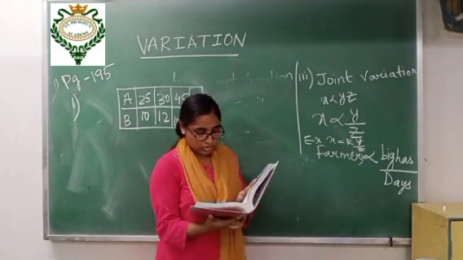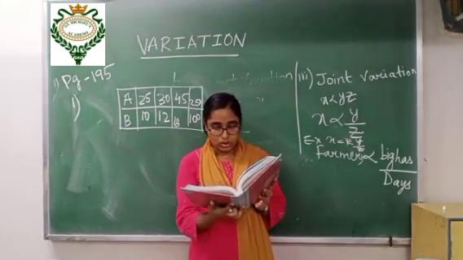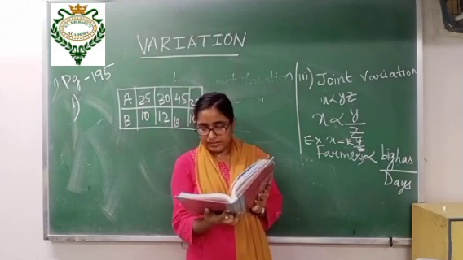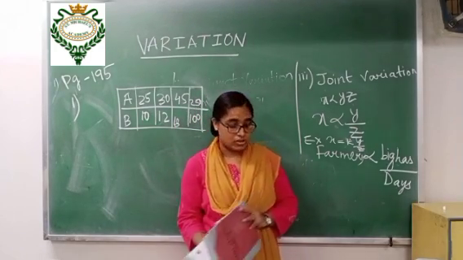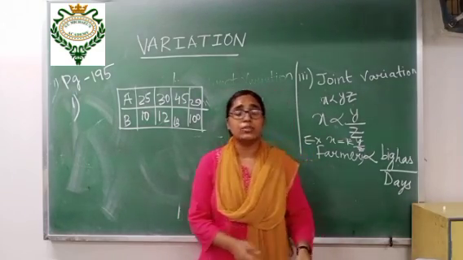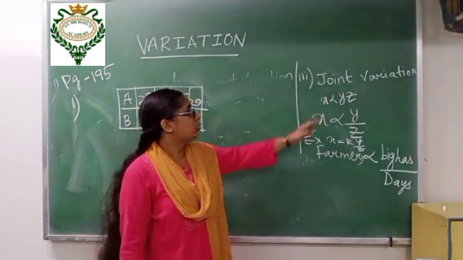Okay, A, B values are given, and they are asking if there is any relation of variation between A and B. Let us determine it and write the value of the variation constant. Variation constant means they are asking the K value also, as well as whether it is direct relation or indirect relation.